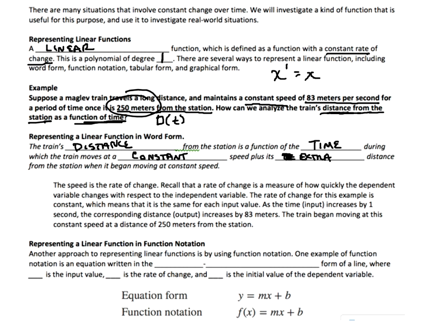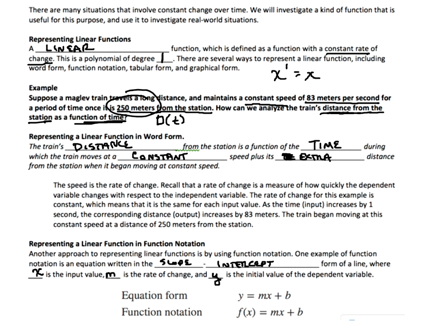Another approach to representing linear functions is by using function notation. One example of function notation is an equation written in the slope-intercept form of a line, where x is the input value, m is your rate of change, and b is the initial value of the dependent variable.